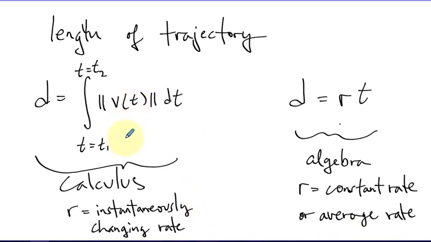What I can handle now is this magnitude of the velocity equal to some rate that's instantaneously changing. So this is the speed. And if the speed is changing continually during the trajectory, we can find the length of the trajectory by integrating that speed over the interval that it's in flight. So this is the way we'll do it.